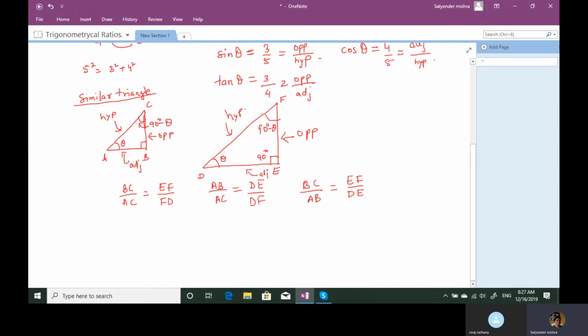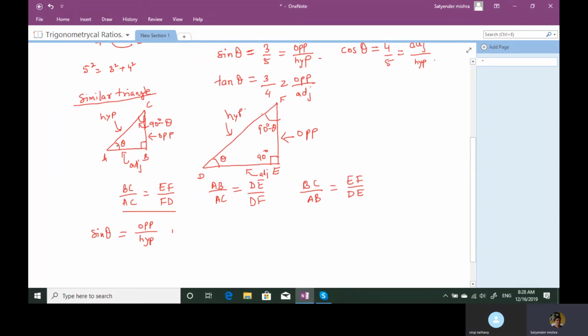So this is also opposite by hypotenuse. You can take any number of triangles, but you will have the same kind of ratios, right? So opposite by hypotenuse is what? Sine theta. So the ratios will be same for any number of triangles.